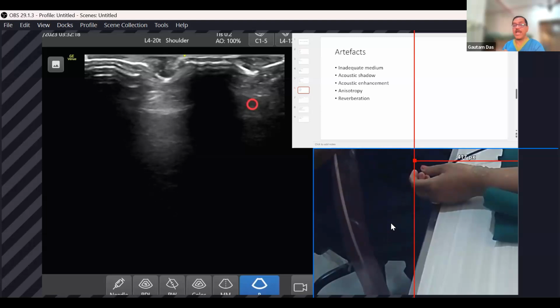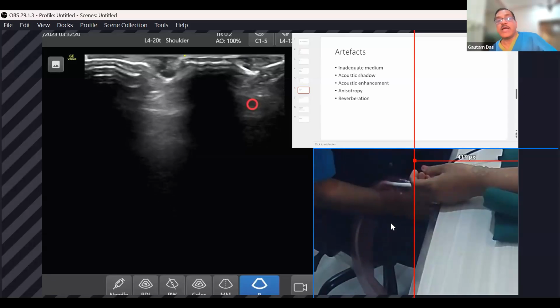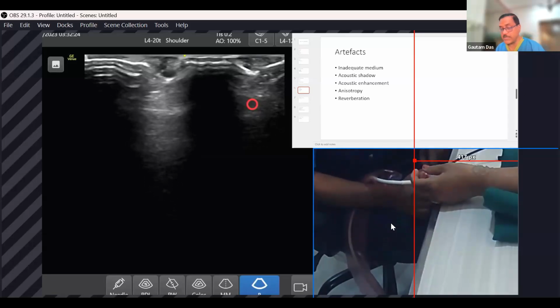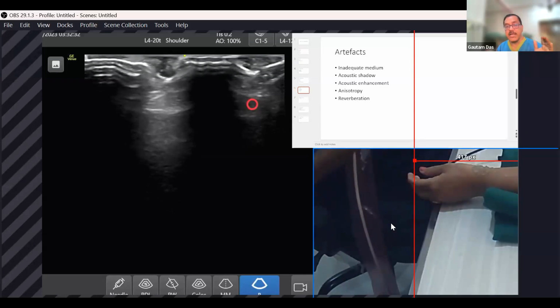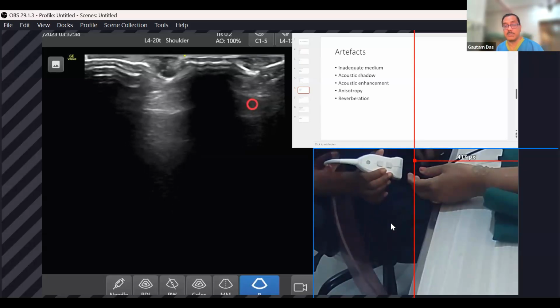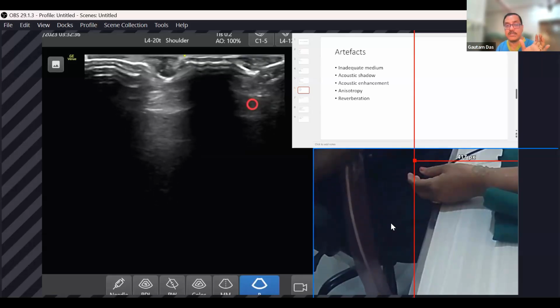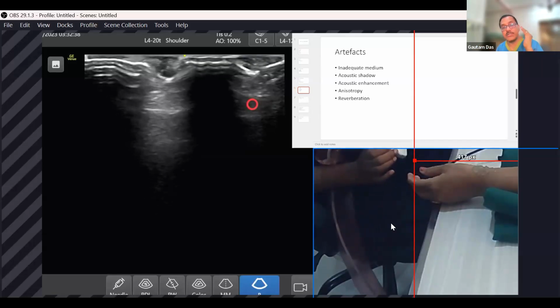Next important thing is your acoustic window, what Sushma has already told. Acoustic window means when you are seeing structures through other structures, or seeing structures in between two hypoechoic structures or between two bones. We call it an acoustic window.